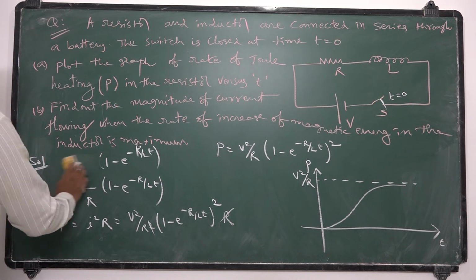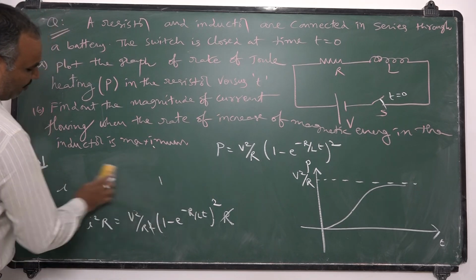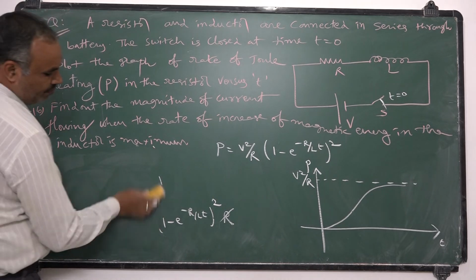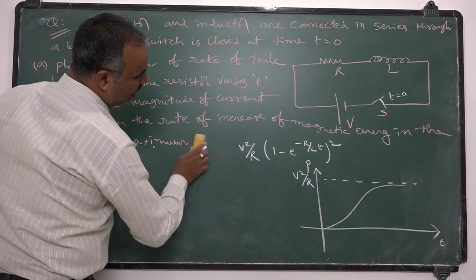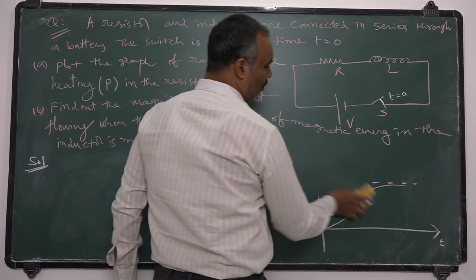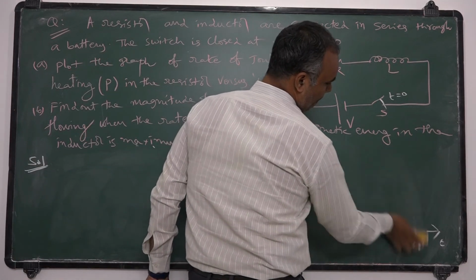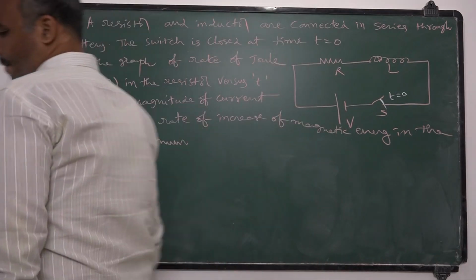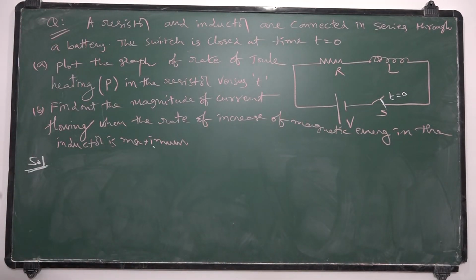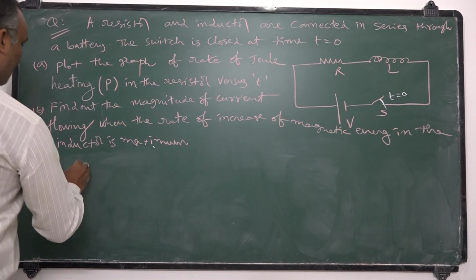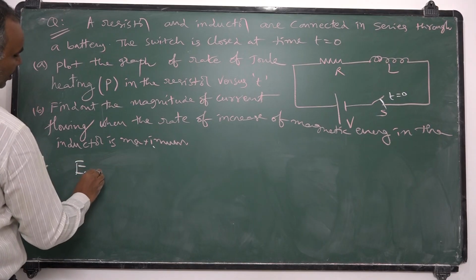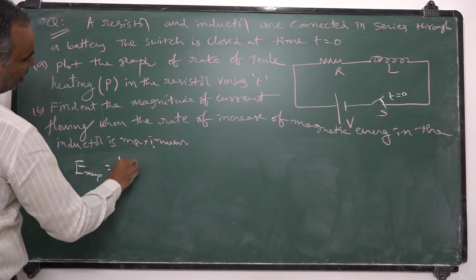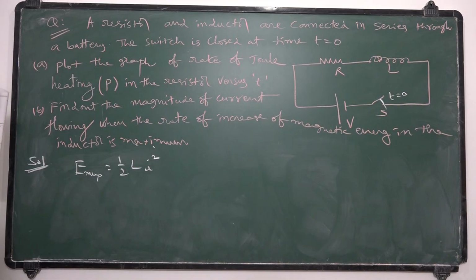The general formula for energy stored in the inductor is half L I square. Like half C V square in the capacitor case, half L I square is the maximum energy that can be stored in the inductor.